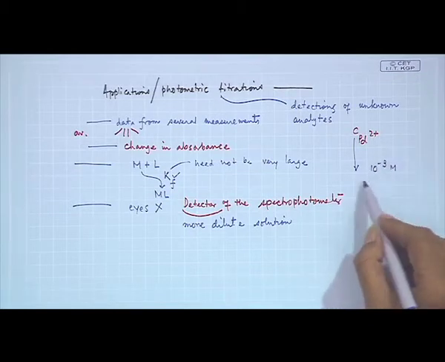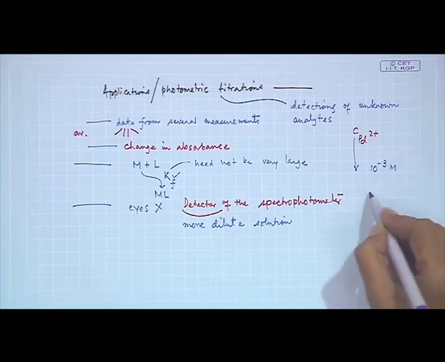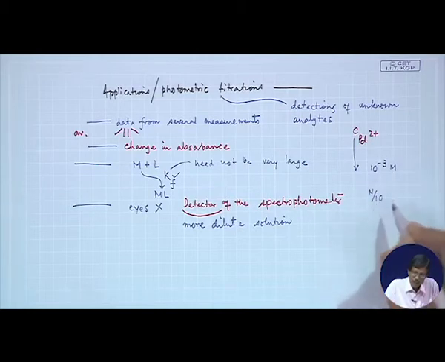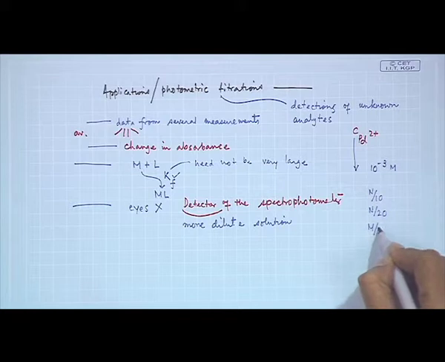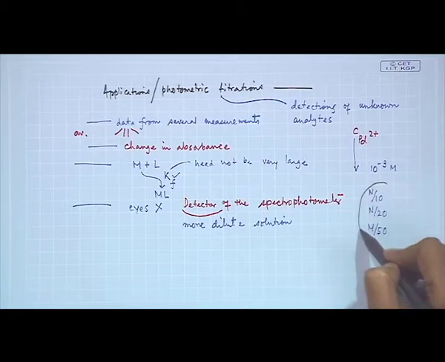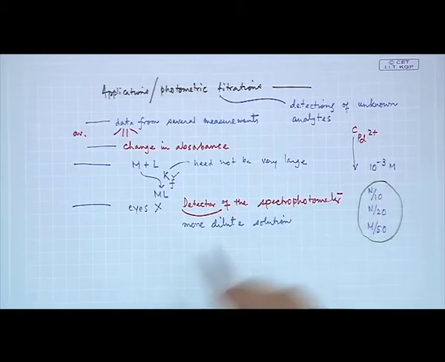Because in titrimetric methods, we know from our school days that we make solutions which can be N by 10, N by 20, or sometimes up to N by 50. These are the most conventional concentration ranges for simple titrimetric methods.